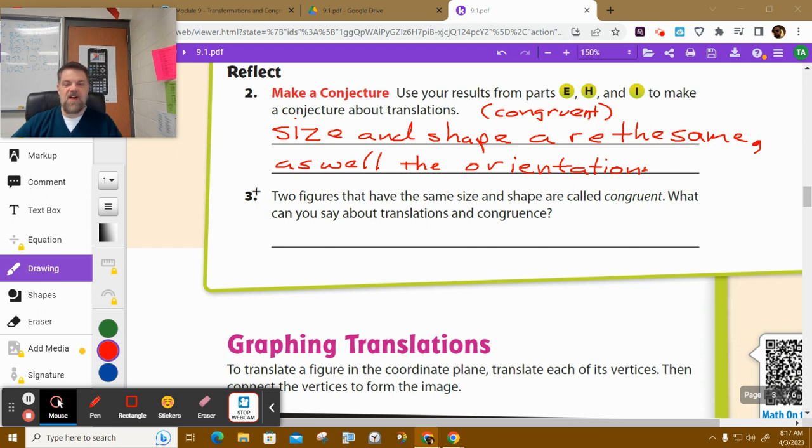So it says, number 3, two figures that have the same size and shape are called congruent. Oh, hey, look, I did spell it right. Yay.